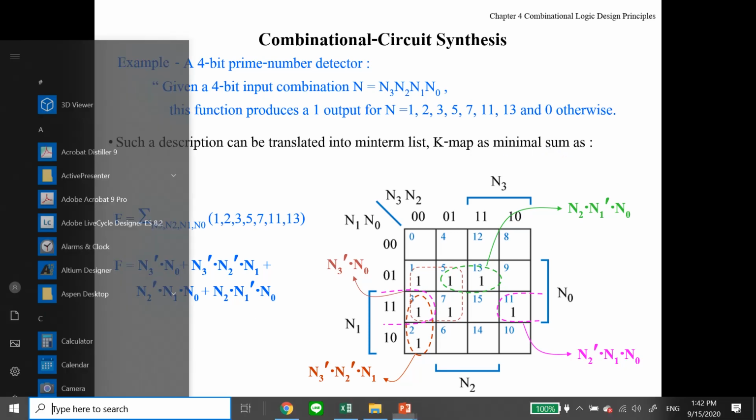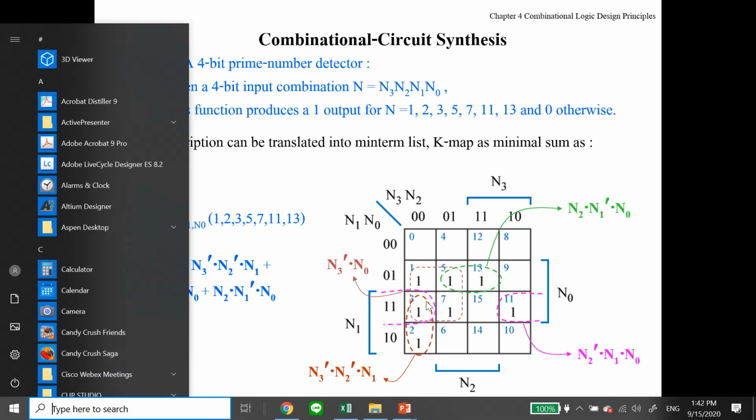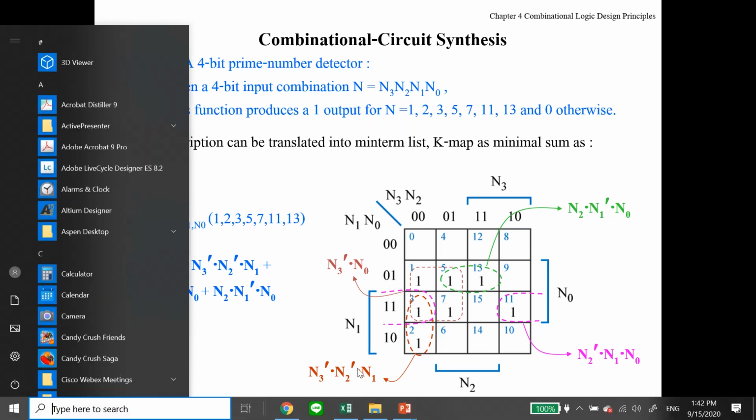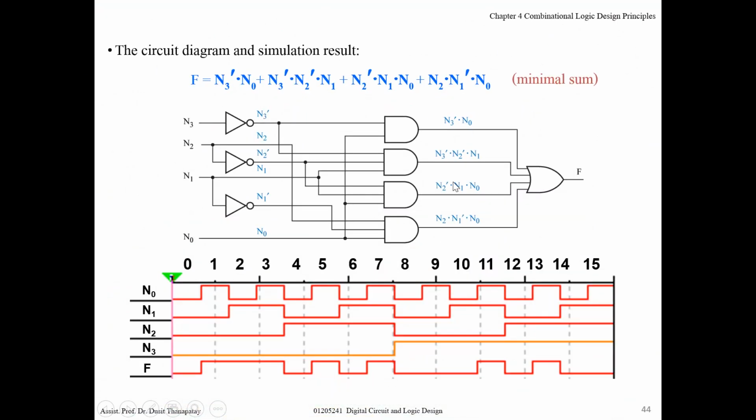So you become expert now. Okay, next one. From the result, you can write down or draw the circuit diagram for the equation.